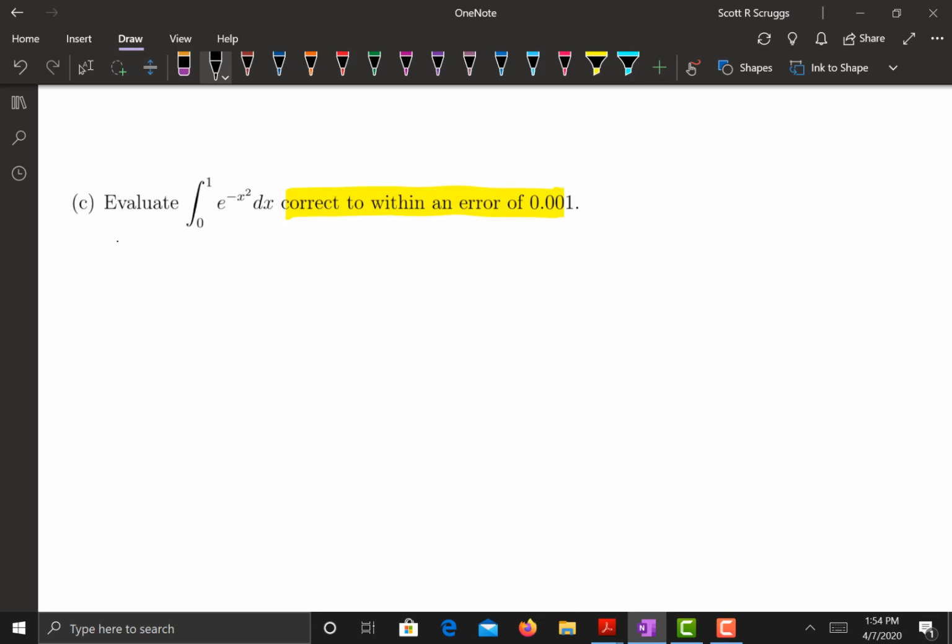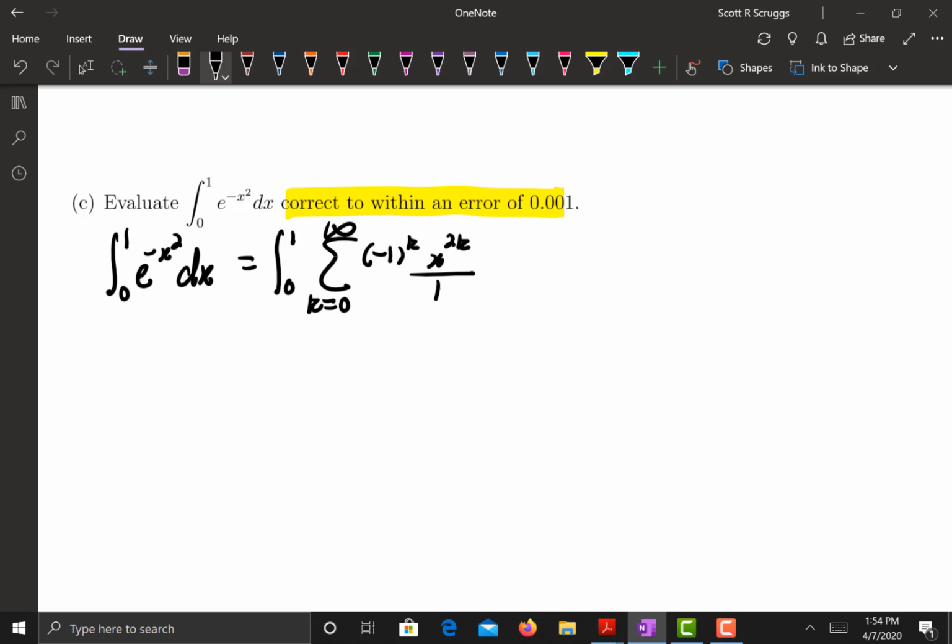So, by part B, I could technically take the antiderivative of that and use the fundamental theorem of calculus, because I'm just taking the integral from 0 to 1 of the power series that we developed in part A, which is negative 1 to the k, x to the 2k over k factorial.